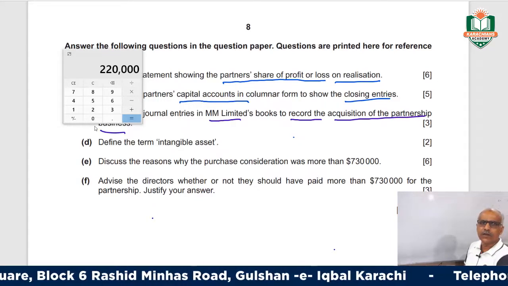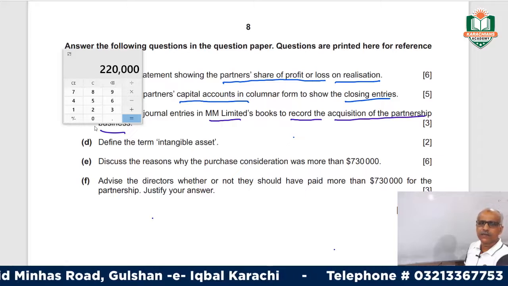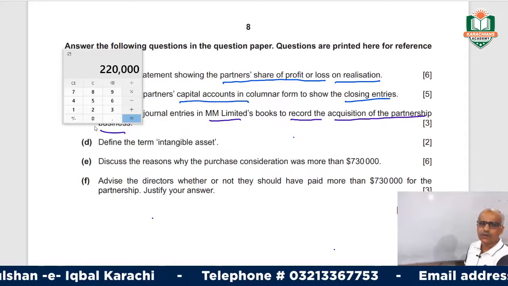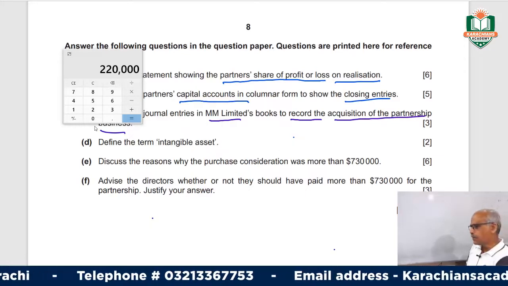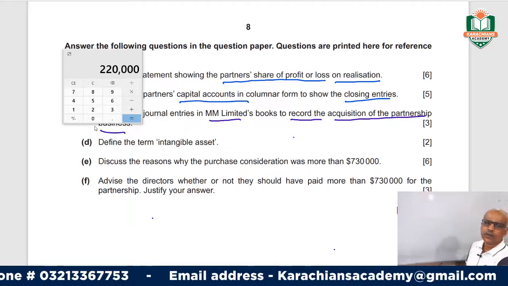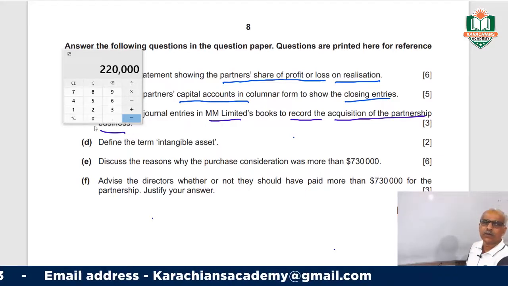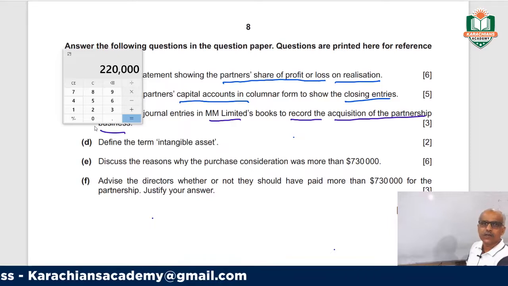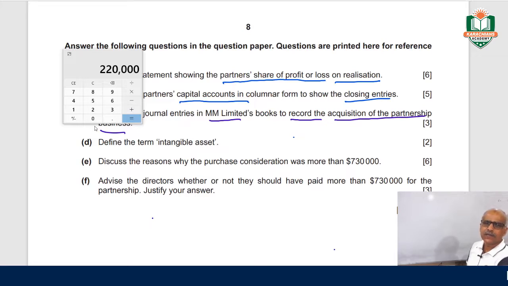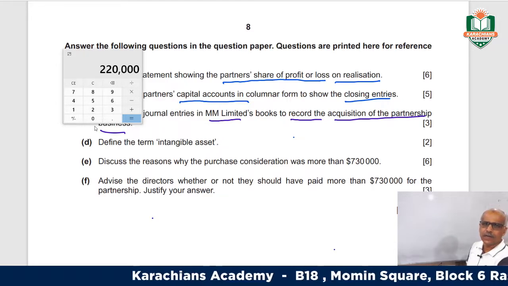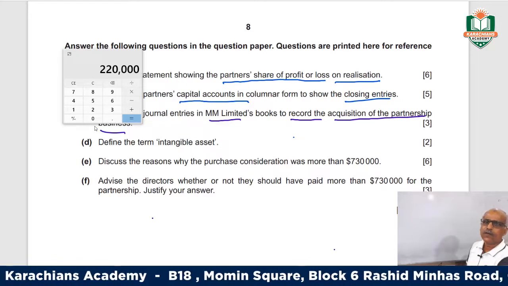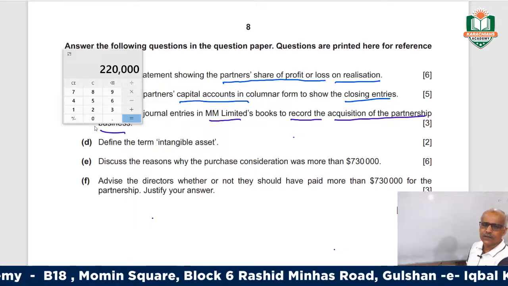These were some benefits which MM Limited expects to get, because MM Limited does not need to train the staff. They do not have to explore more customers or more suppliers. There are very strong supplier, customer and employee bases. That is why they are paying more, because they will not have to make a greater effort and will be reaping the benefit of the partnership business's effort, right?